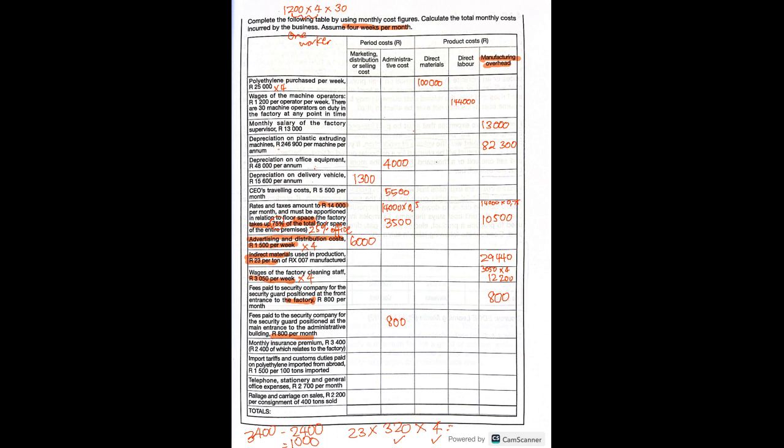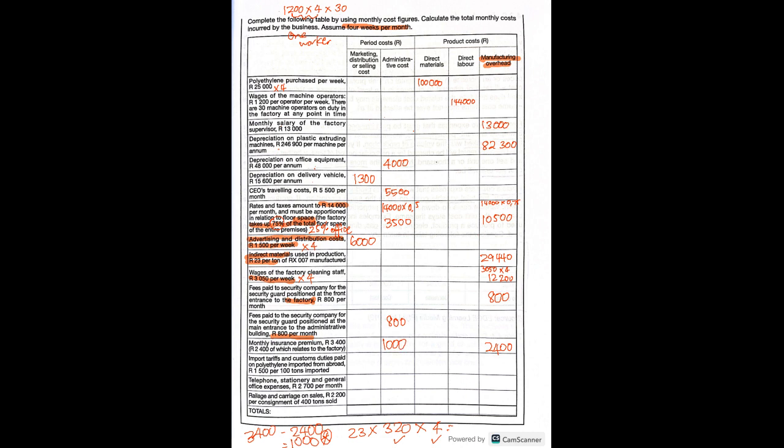So here you'll have 2,400. And then the remainder, 1,000, they said was for the office because 2,400 was for the factory. So the remaining 1,000 would be a general administrative cost.